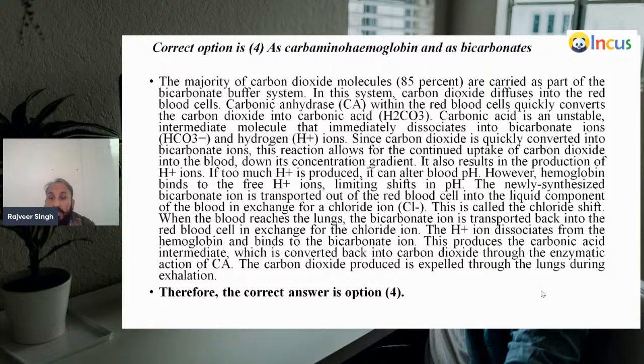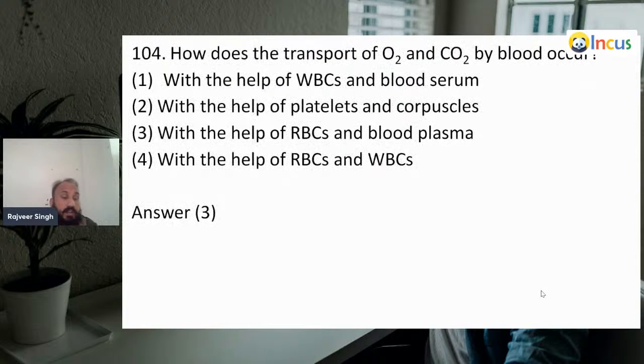This produces the carbonic acid intermediate, which is converted back into carbon dioxide through the enzymatic action of CA. Then the carbon dioxide produced is expelled through the lungs during exhalation. So the answer will be fourth. Okay, now the next question is how does the transport of O2 and CO2 by blood occur?